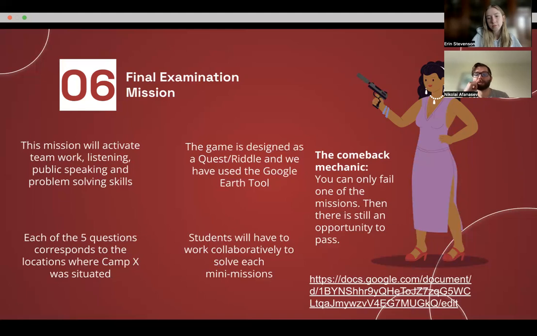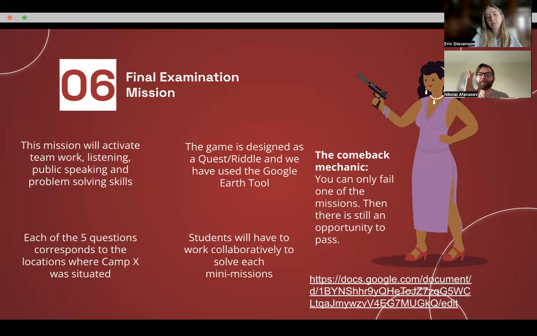So we're using the zone of proximal development here. We're trying to balance between where it's too tedious and the information is very digestible for students, and the zone where the students have zero comprehension of what's going on.